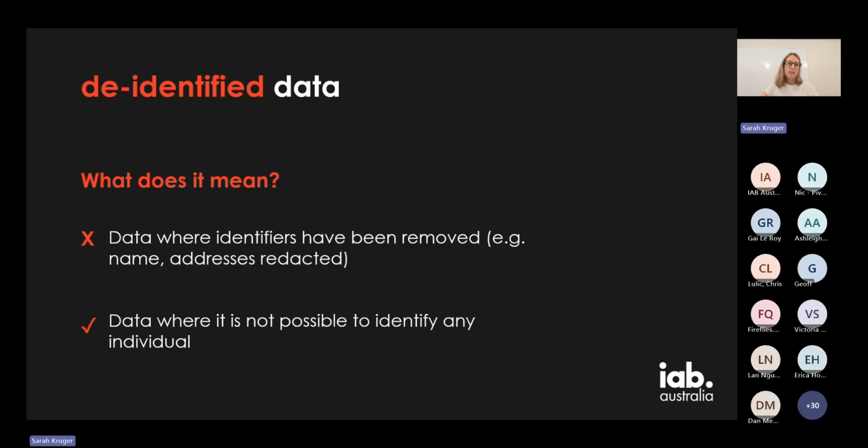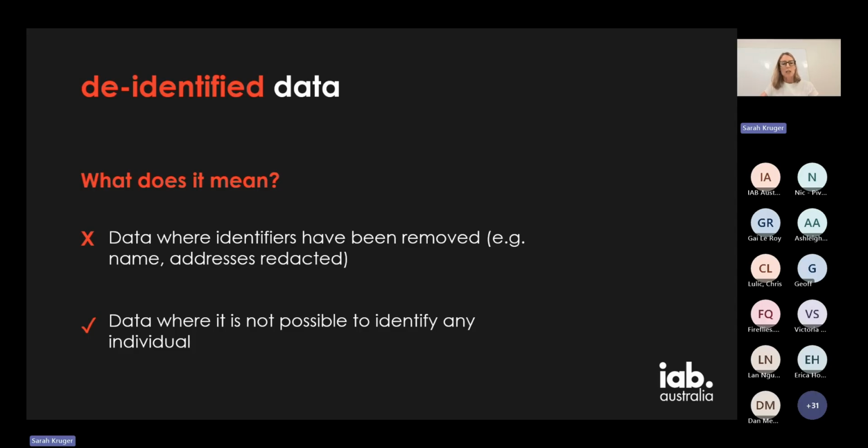So if you look at the slide, the first possibility, when you're looking at de-identified data, what does it mean? The first possibility, where data identifiers have been removed, for example, names and addresses redacted, that is not enough in many circumstances. The second is what you need to look at.